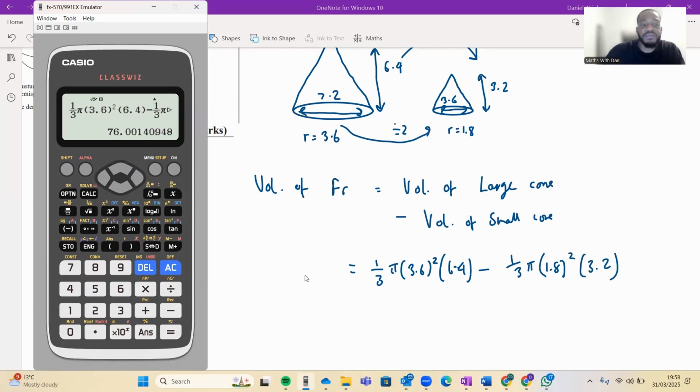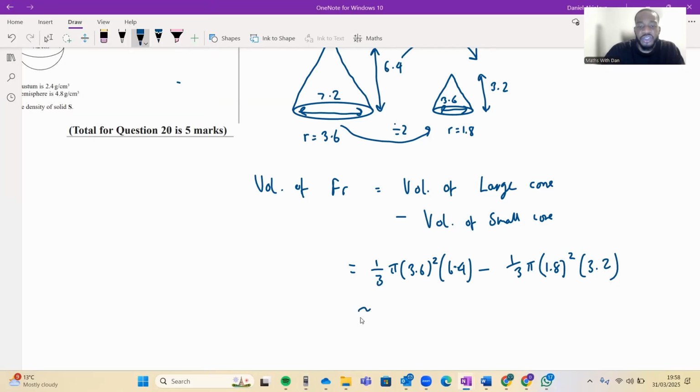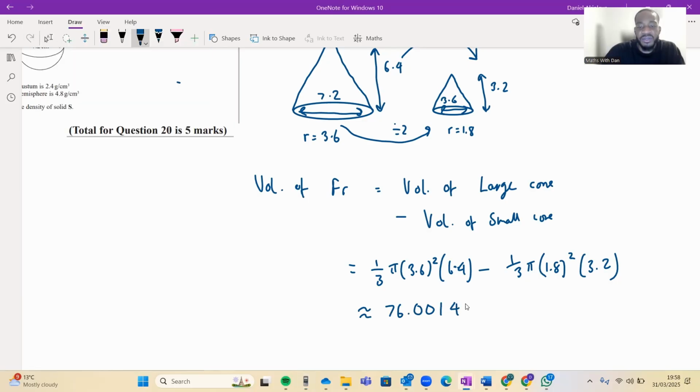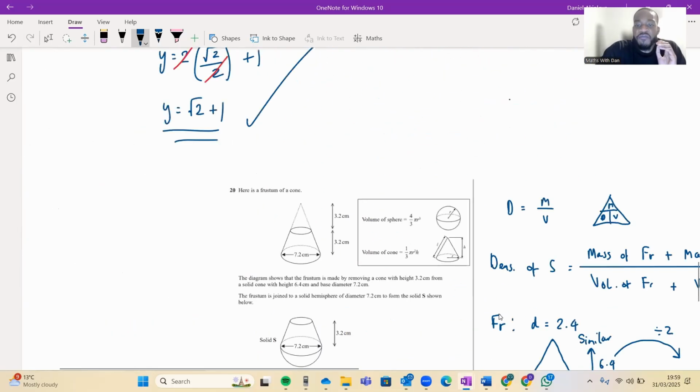And that is going to be 76 point blah blah blah. I'm gonna write this is just going to be approximately 76.0014. You know what I'll do actually? I'm just gonna write dot dot dot. So we now know the volume of the frustum.